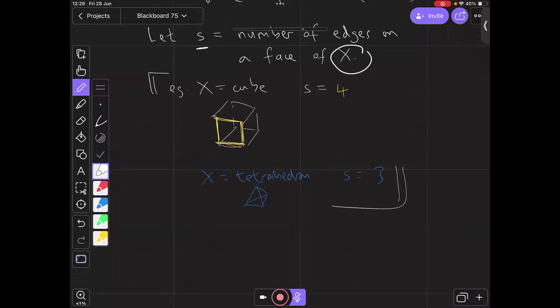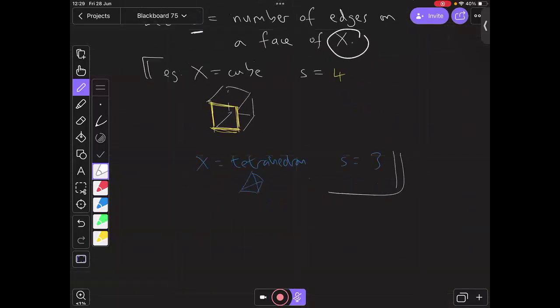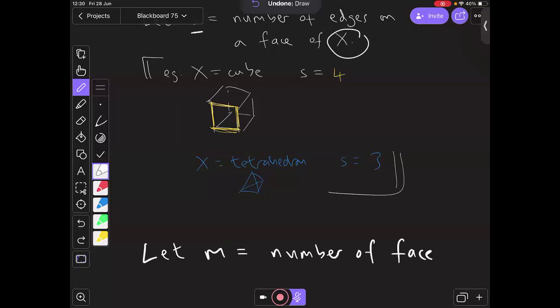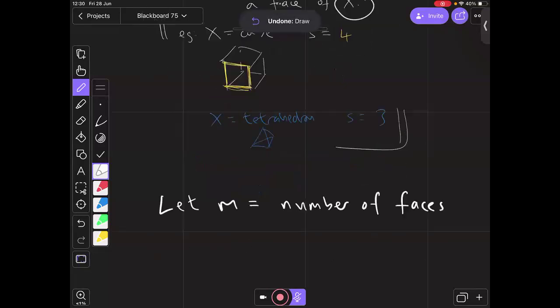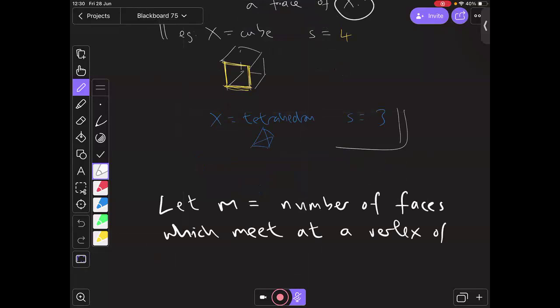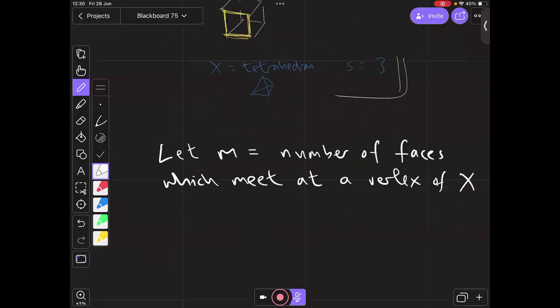And then the second term I wanted to describe is let M equal the number of faces which meet at a vertex, that's a corner of X. So just to give you an example, let's go back to the cube.